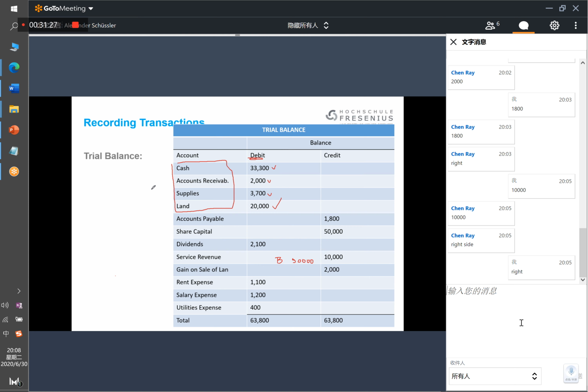These are assets, and these are liabilities or equity. So this is liabilities, this is equity. This is normal equity, and they have the balance on the other side.